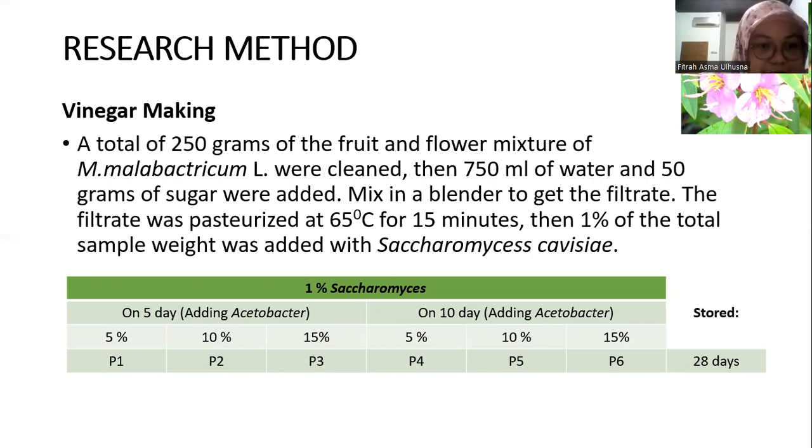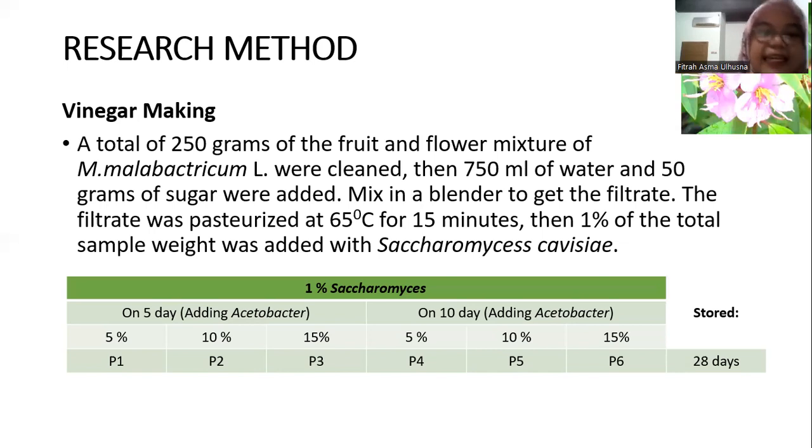It was fermented at room temperature for 5 and 10 days under anaerobic condition. On the 5th and 10th day, we added 5, 10, and 15 Acetobacter aceti to the filtrate. The filtrate was fermented again for 28 days under aerobic condition.